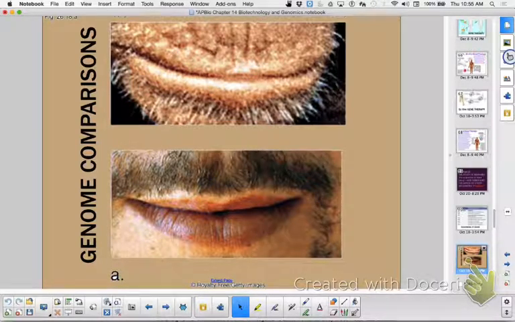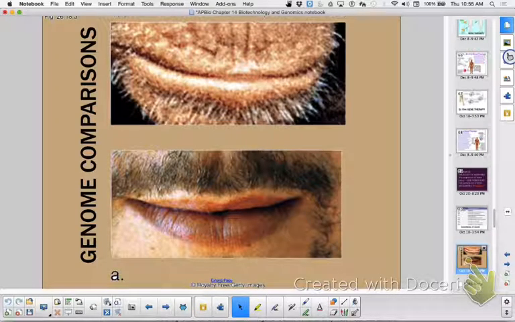So you can compare the base sequences of a human with another organism and see how similar and different they are. In fact, we're going to be doing what's called the BLAST lab, and in the BLAST lab, there is a huge, ginormous data bank of different organisms and the sequence of bases in their DNA.